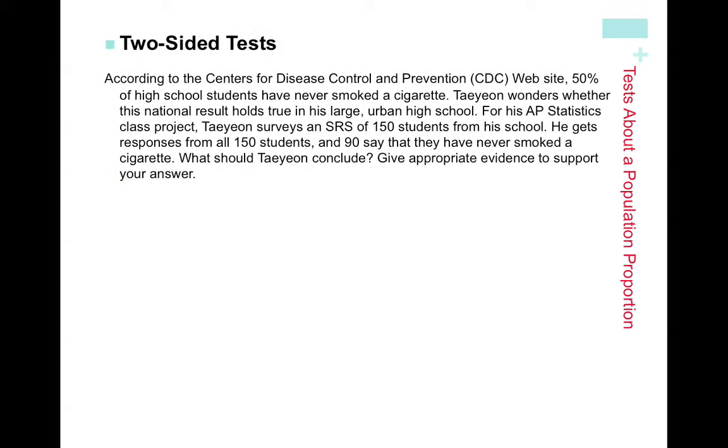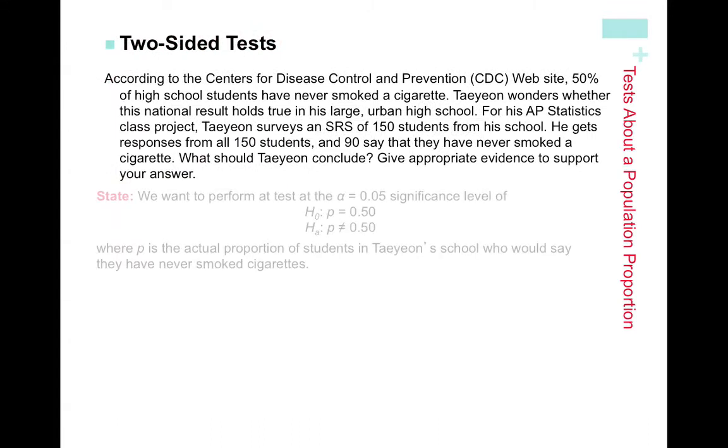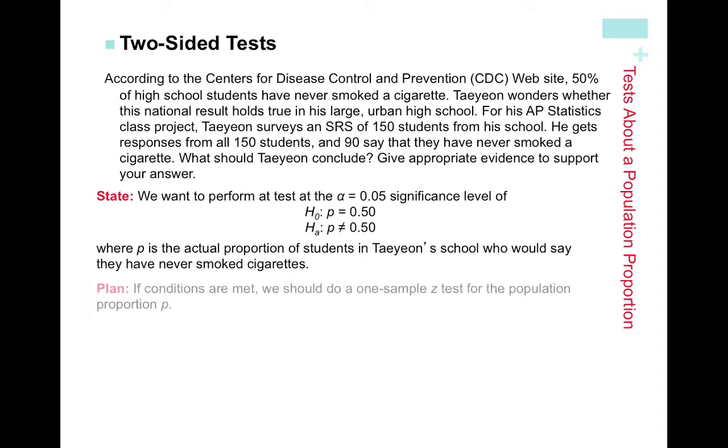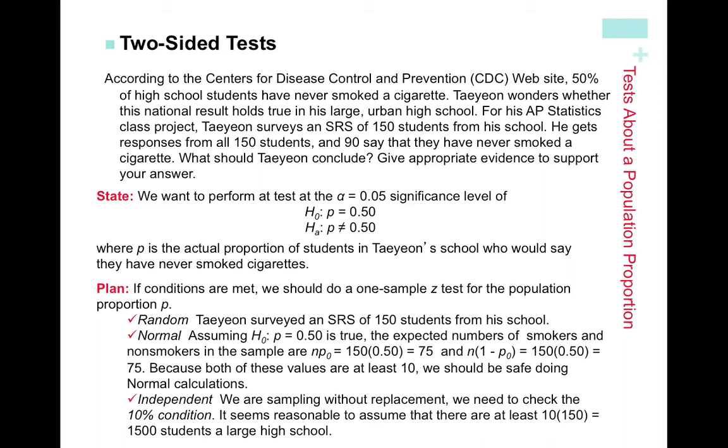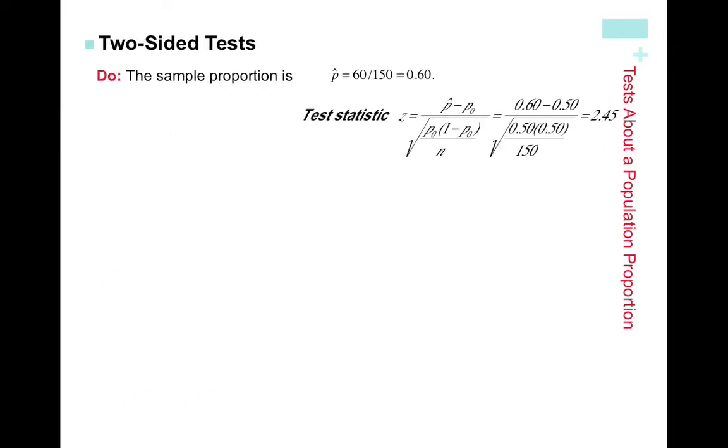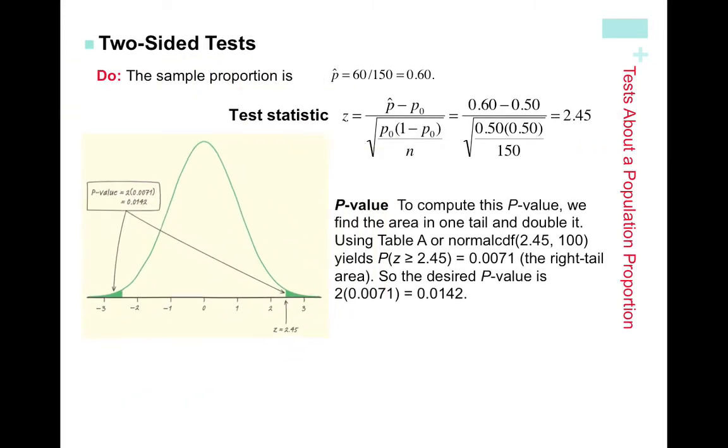Here's another example. This is just a two-tailed one. Everything is kind of the same idea here. I'll leave the screen here for a few seconds if you want to pause it and read through it. They find the test statistic by hand, then they find the p-value by hand.